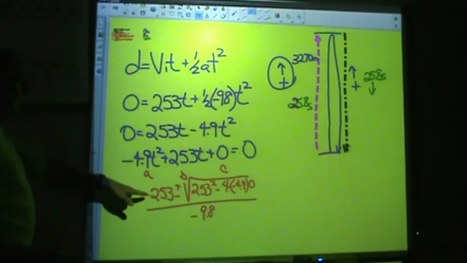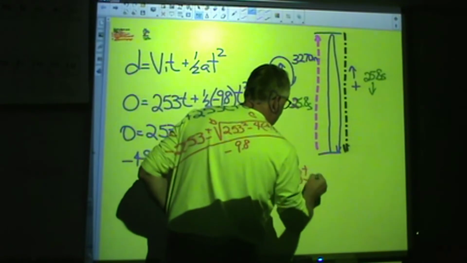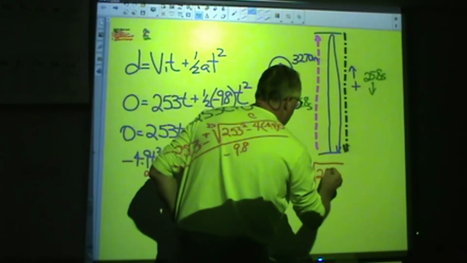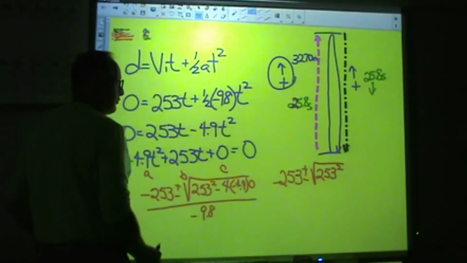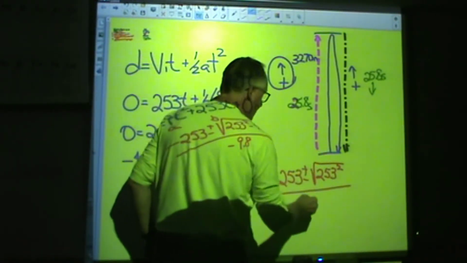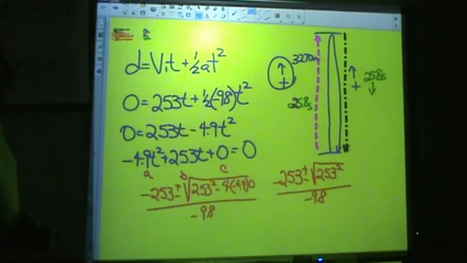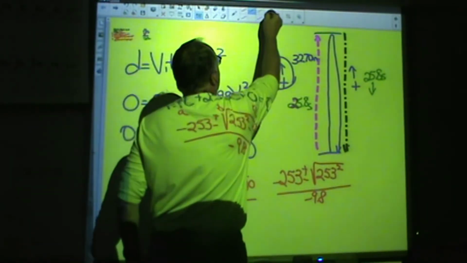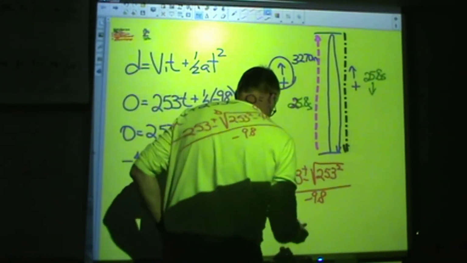Now, I can rewrite this as negative 253 plus or minus the square root of 253 squared, because 4 times negative 4.9 times 0 is just 0, so that part is just gone, divided by negative 9.8. What is the square root of 253 squared? 253. Wow, no calculator, that was quick. Yeah. I remember algebra, don't worry.